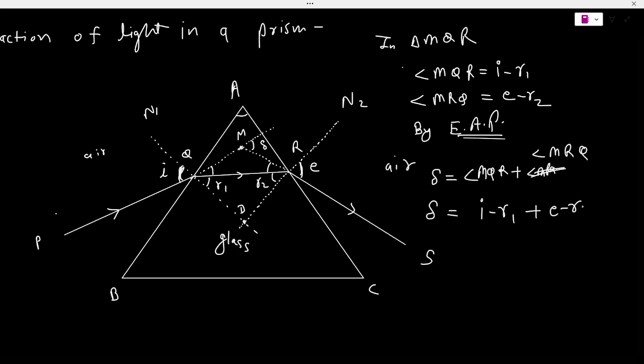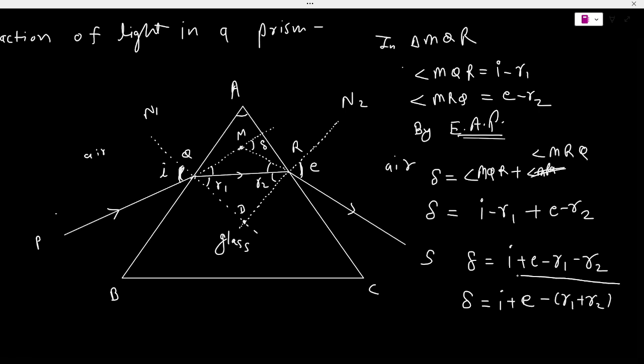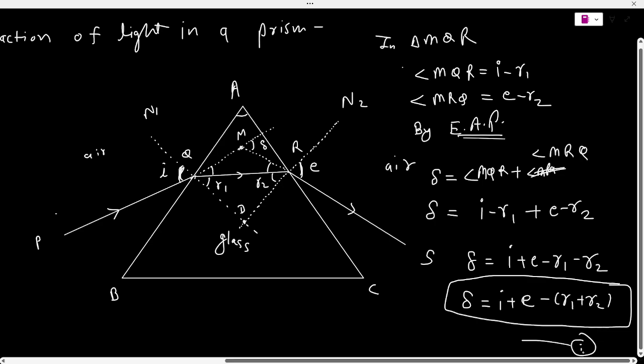E minus R2. Now just rearrange the terms. So del is equal to I plus E minus (R1 plus R2). So this is the angle of deviation for the prism. This is our first equation.